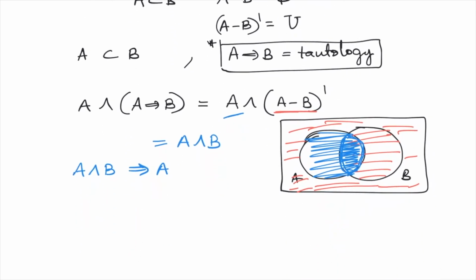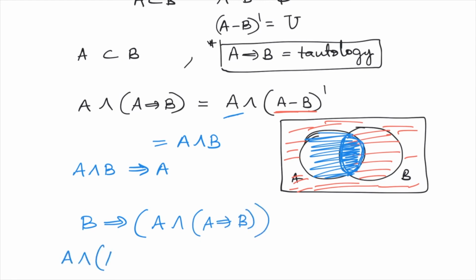So when it is given that B implies A and A implies B, and you also have A and A implies B. So this is given. This implies A, because this is a tautology.